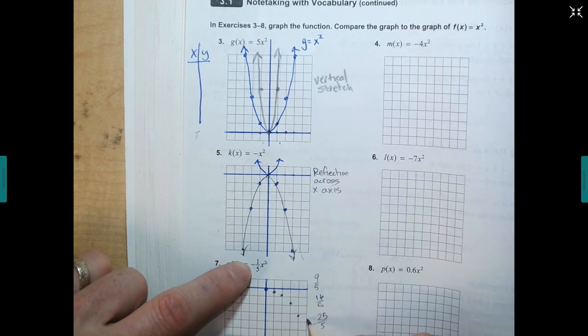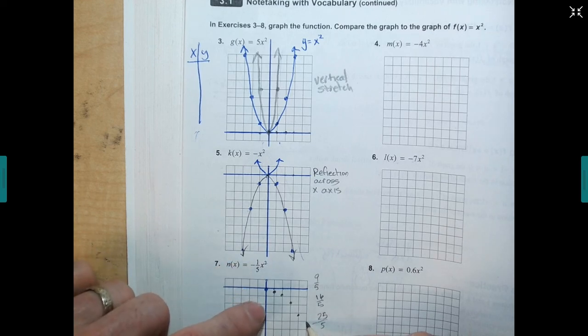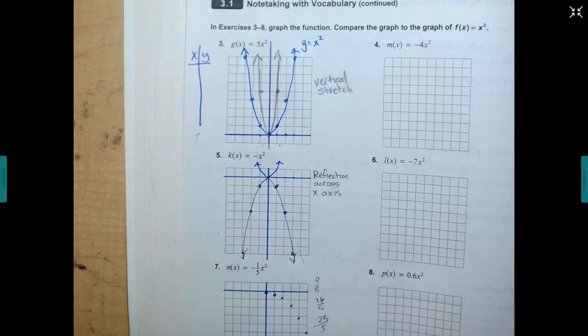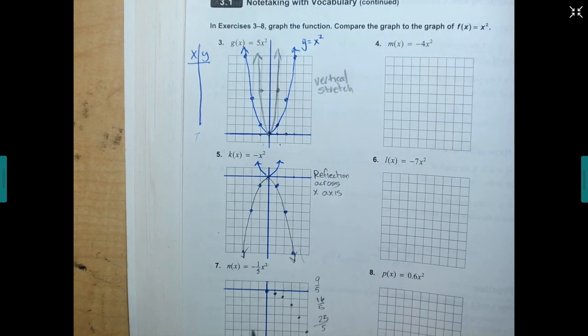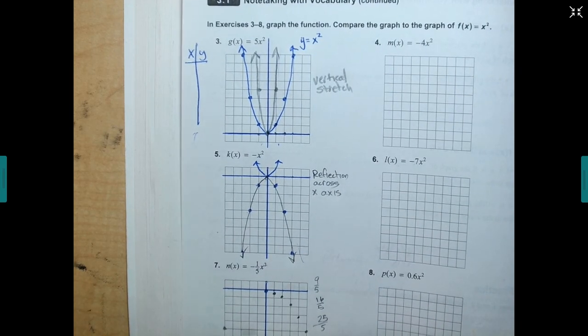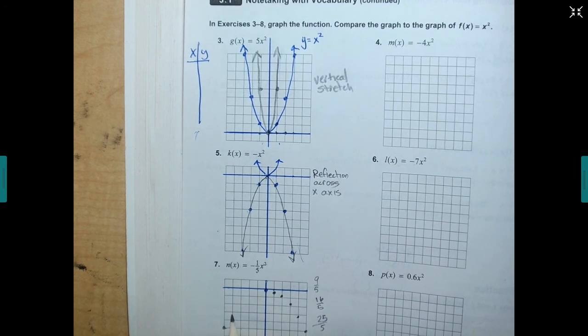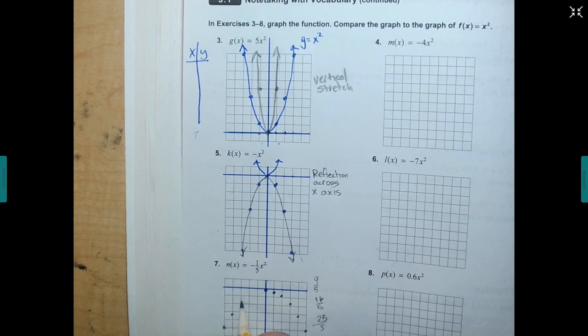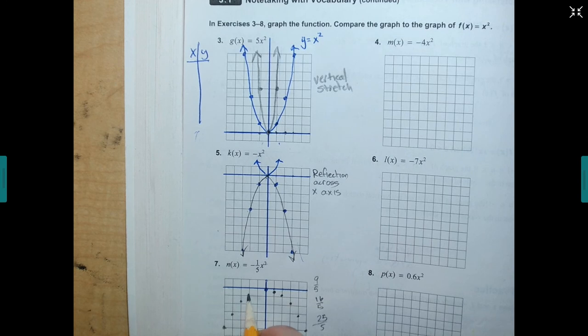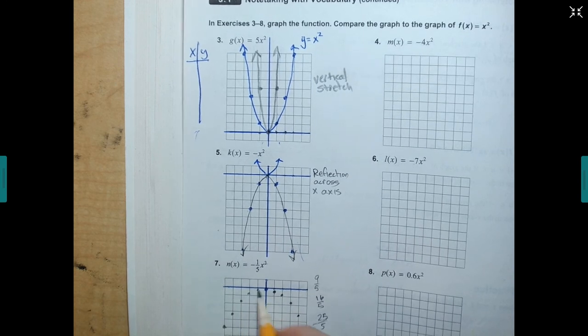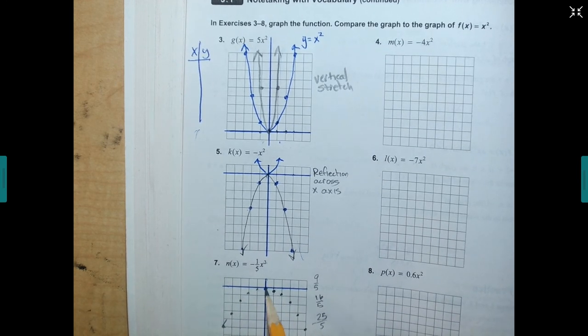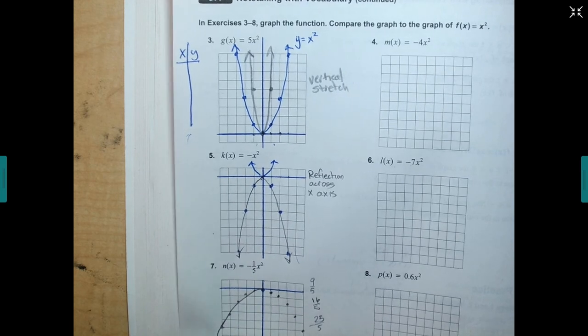So 5 gets us to right there. And I'm going to mirror it. 1, 2, 3, 4, 5. So there's my mirrored one.